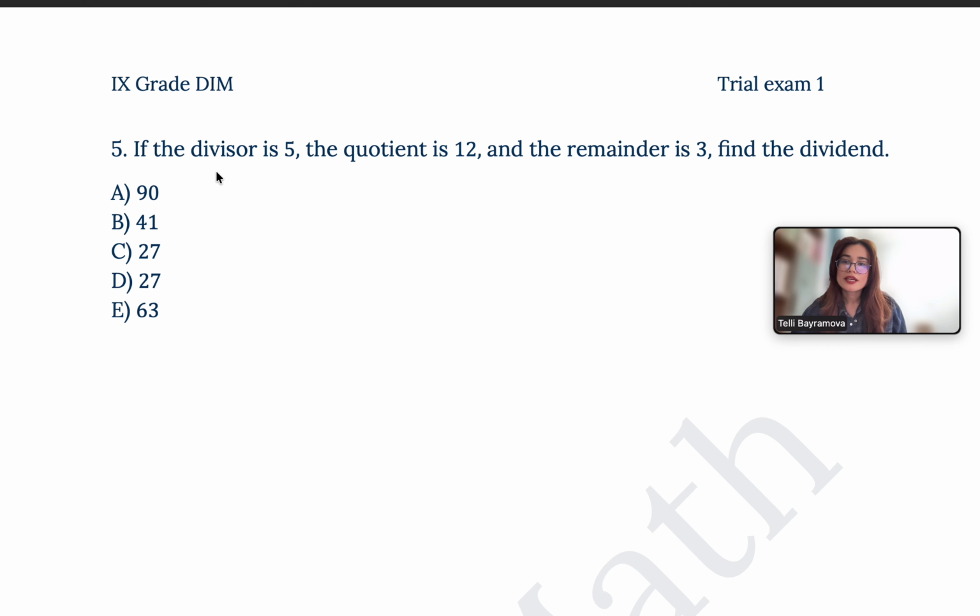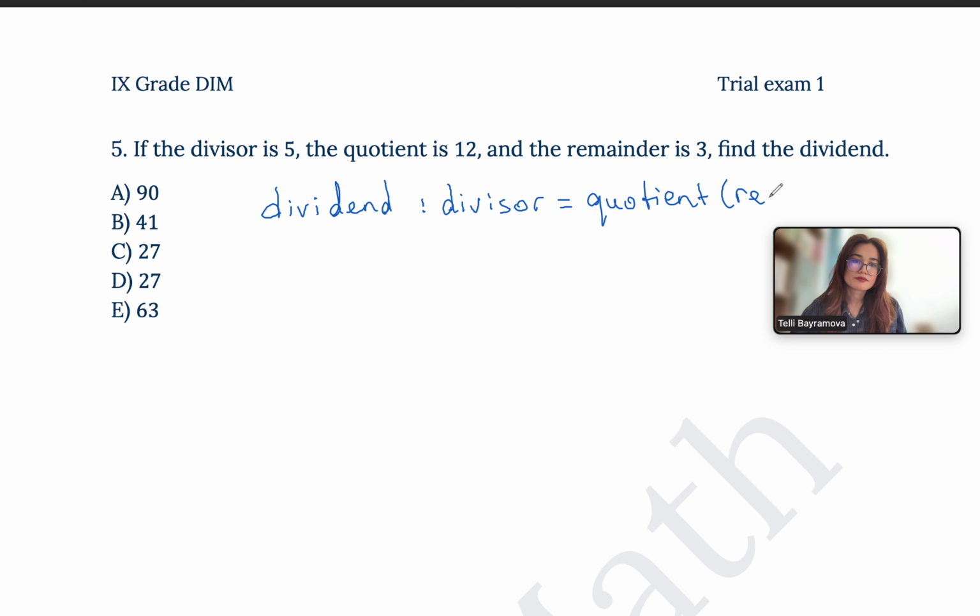Dividend divided by divisor equals quotient, and you have a remainder.